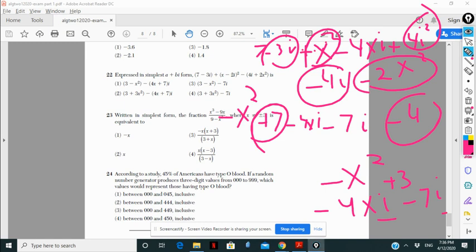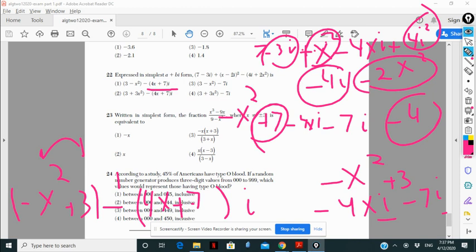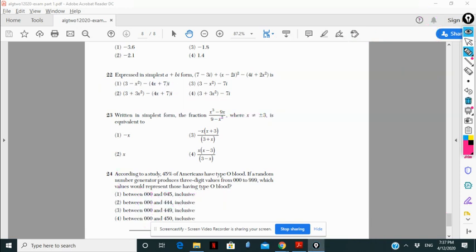The common here is i, so I have the negative outside, 4x plus 7, and I have before negative x squared plus 3. So that's the one. I should have 4x minus i, here it was a minus, and he switches the places because the negative comes after, so the answer is number 1. 22 is number 1.